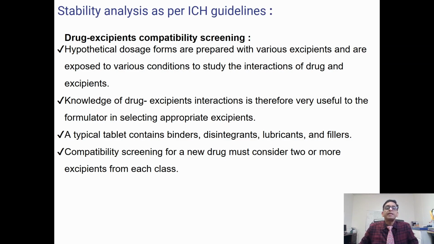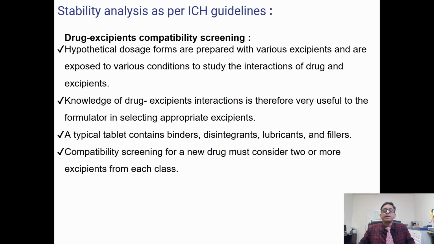As I said, the drug excipient interaction plays a very critical role because the drug may get deteriorated, may alter its performance or the assay contents by the presence of the excipient. So knowledge of the drug excipient interaction is very useful for the formulator to select a proper drug and excipient.